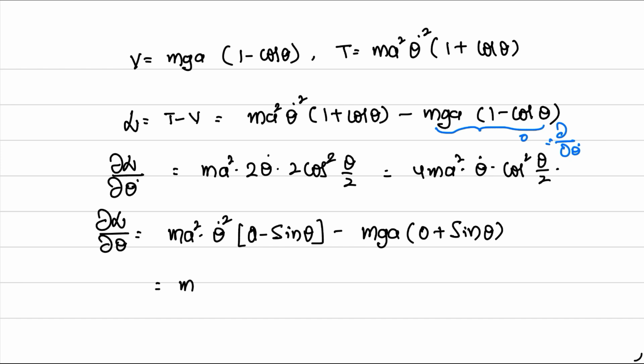That is equal to ma square theta dot square minus ma square theta dot square sin theta minus mGa sin theta.